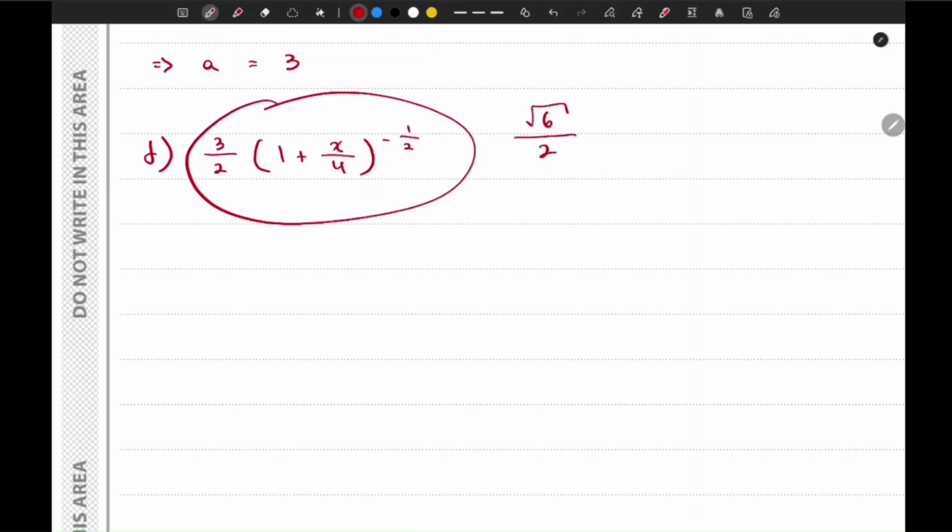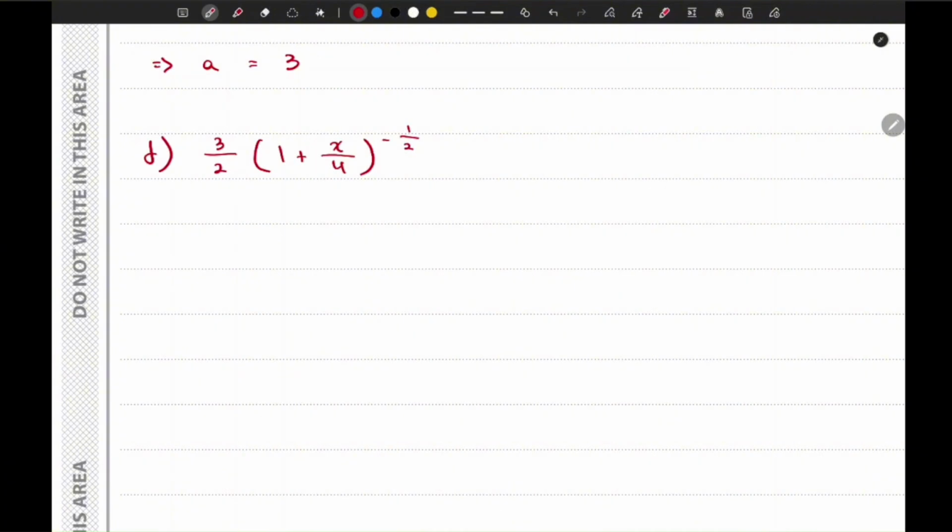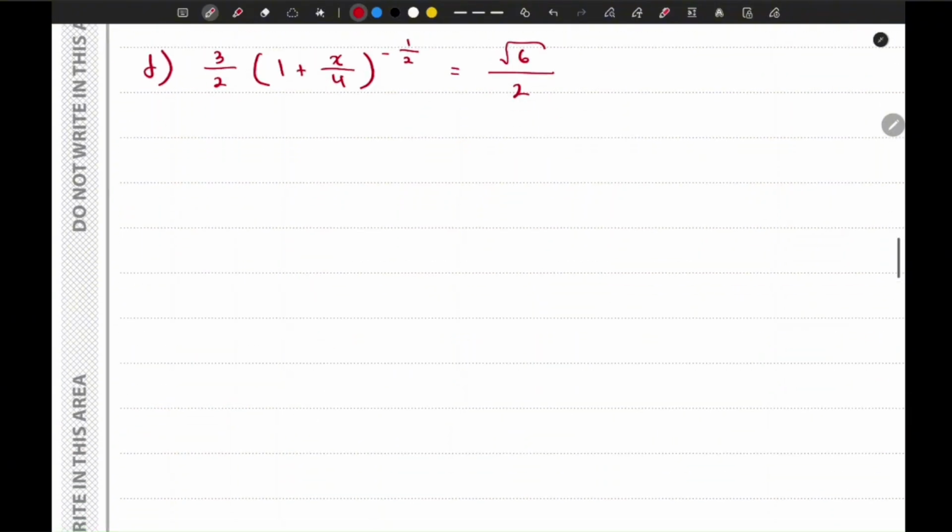So we need to substitute a value of x for which this whole thing becomes root over 6 divided by 2. Now you guys can do this in the calculator, but if you want, you can do this on a rough paper. Equate this expression to root over 6 by 2 and just solve this for x. So this cancels out, and this is 1 divided by root over 1 plus x divided by 4 equals root over 6 by 3.